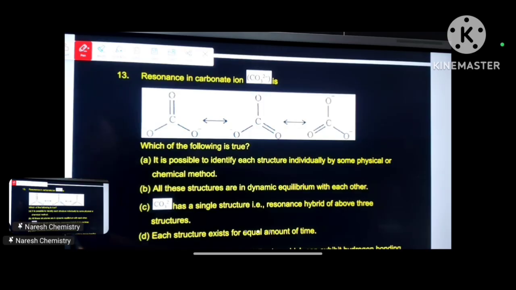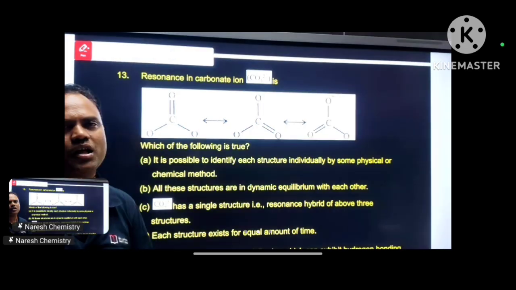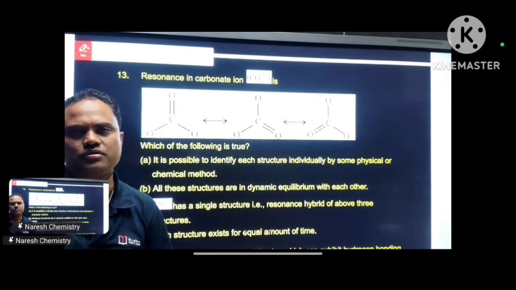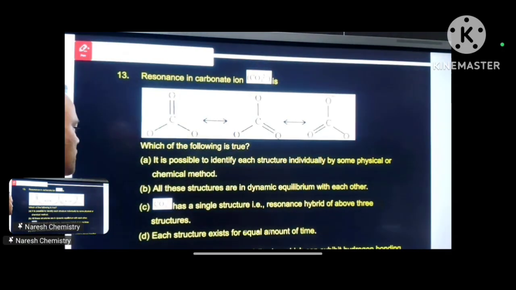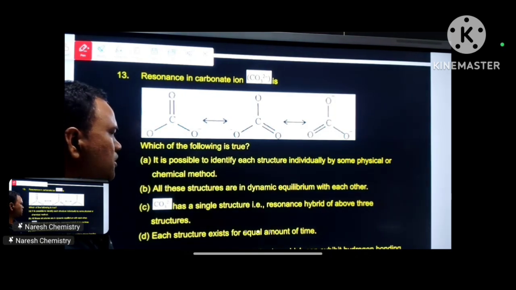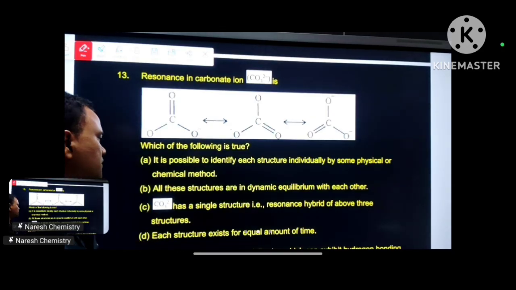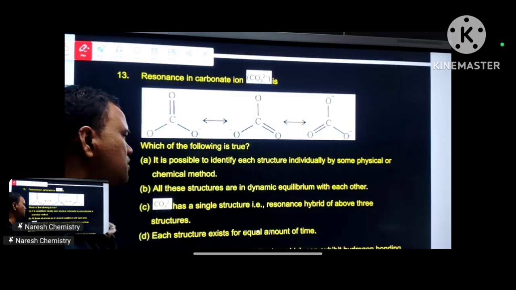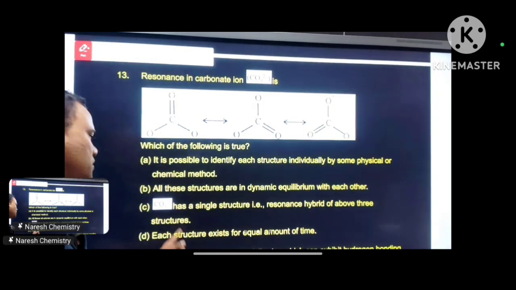It is not possible to analyze the resonating structures because they are hypothetical structures. So the first one is wrong. Next one: all these structures are in dynamic equilibrium with each other. That is also not correct. CO3 2- has a single structure, a resonance hybrid of the above three structures. That is the only correct one.